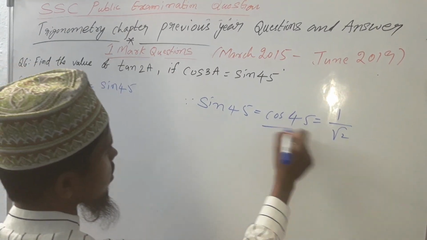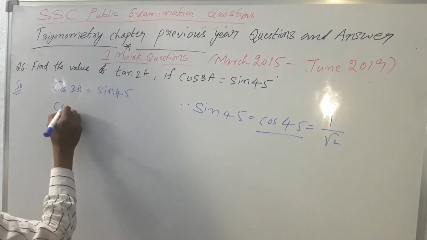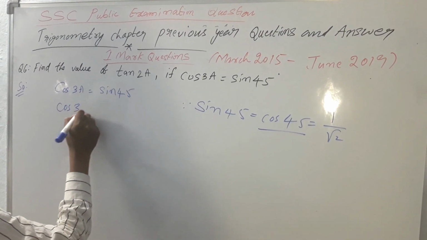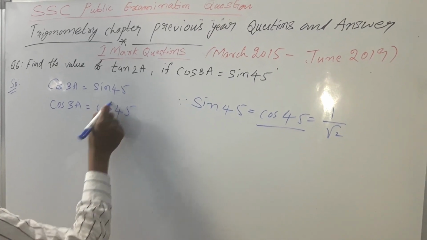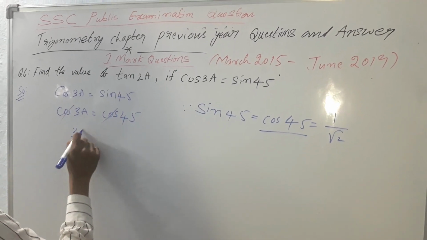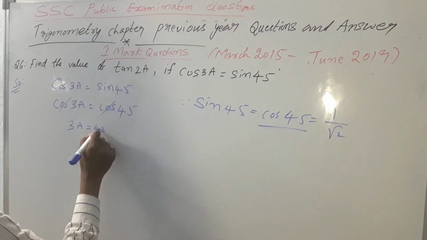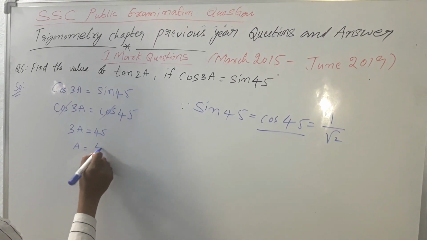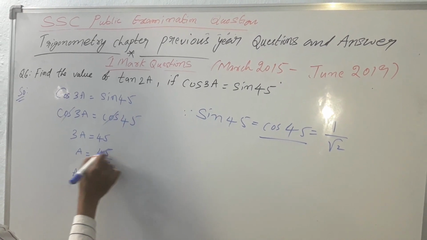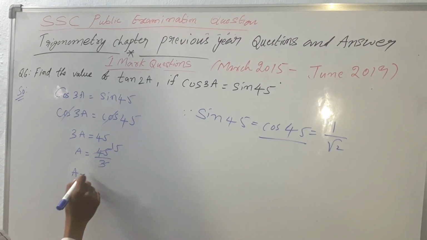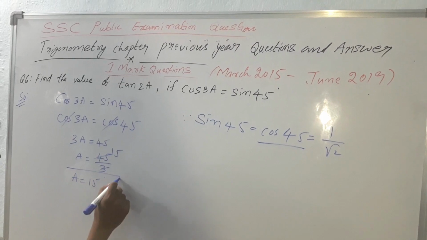In place of sin 45, we are substituting cos 45. Cos 3a is equal to cos 45. Cos cancel, 3a is equal to 45. A is equal to 45 by 3. A is equal to 15 degrees.